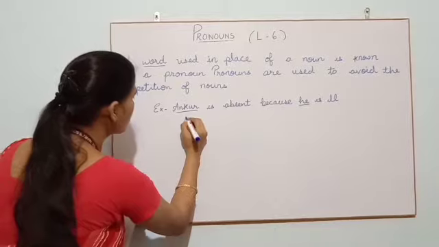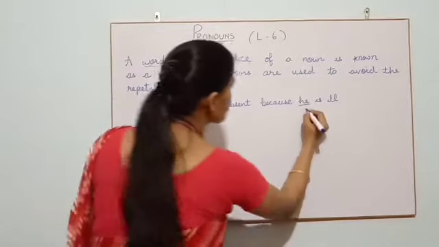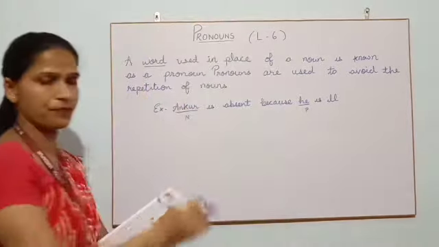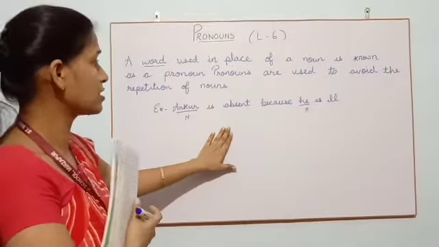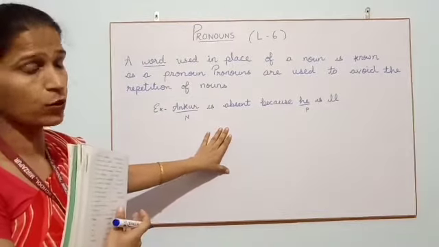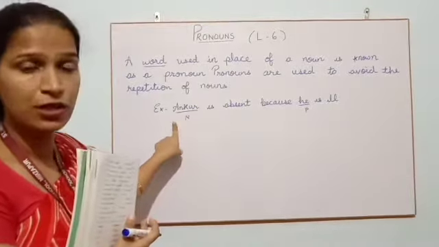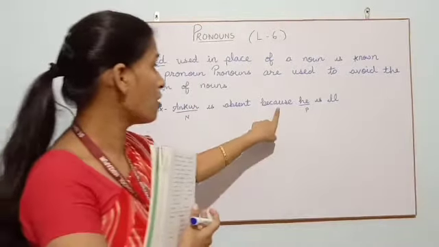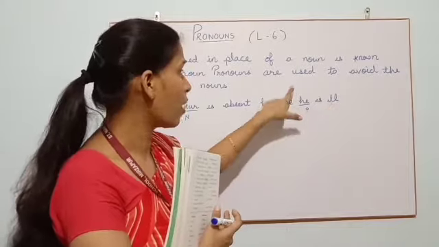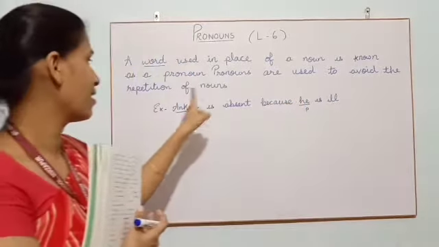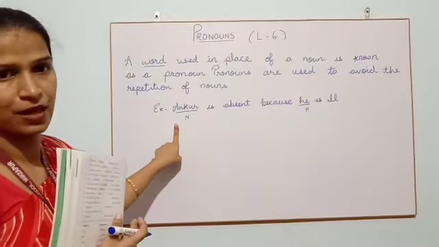This is your noun and this is your pronoun. Just be careful with the sentence. Ankur is absent. We are talking about Ankur. Because he is ill. Now, he is indicating Ankur. Isn't it?